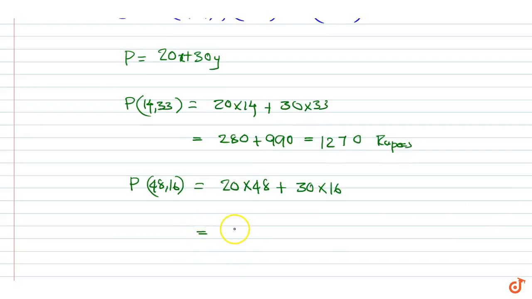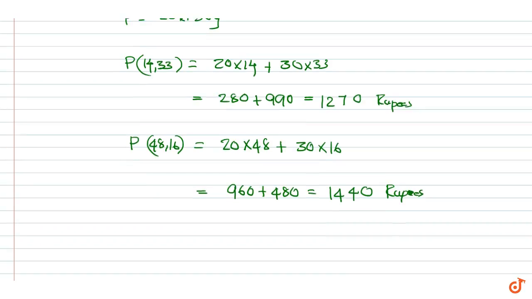This is equal to 960 plus 480 equal to 1440 rupees. Therefore, the maximum profit is rupees 1440.